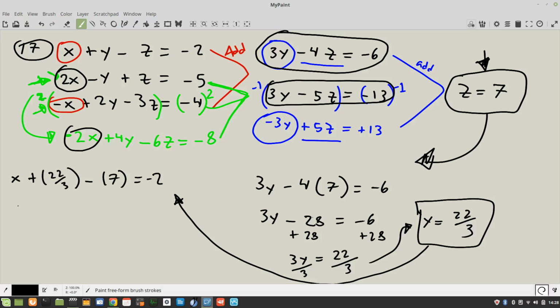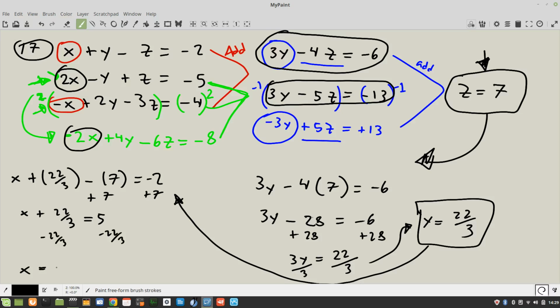So we're gonna have x plus 22 thirds plus 7. I'm gonna leave the fraction for the end. So 5, and x is gonna be equal to 5 minus 22 thirds.